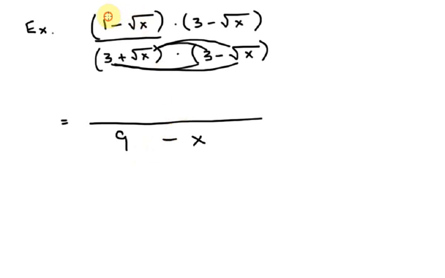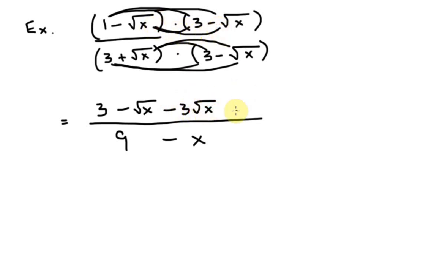Now we've got to work out the top. 1 times 3 is 3. Now here, I don't think things are necessarily going to cancel, so I'm going to write it all out. 1 times negative root x, that's a negative root x. Then we have negative root x times 3, so that's negative 3 root x. And finally, negative root x times negative root x is positive x.